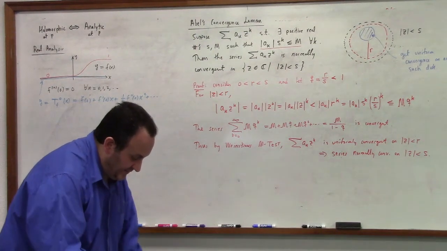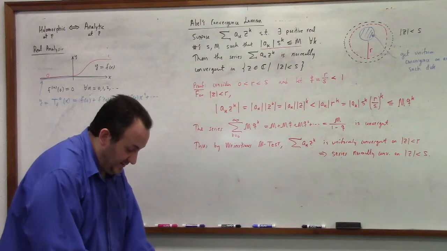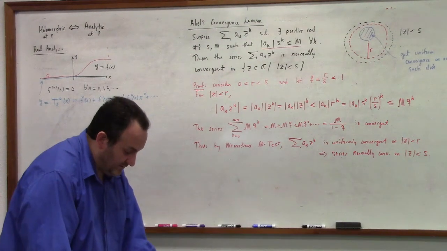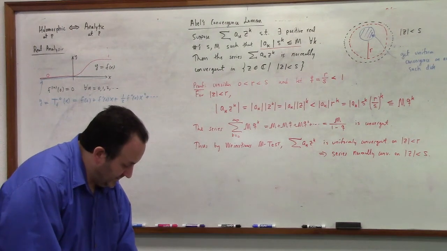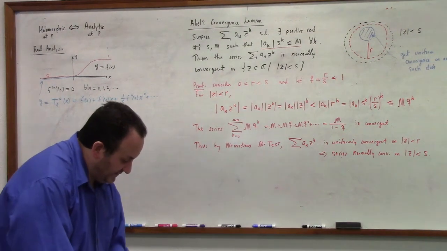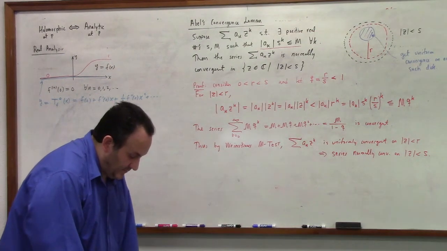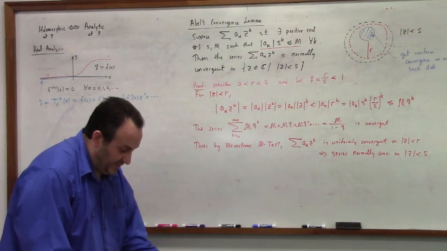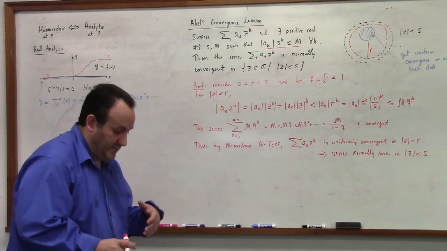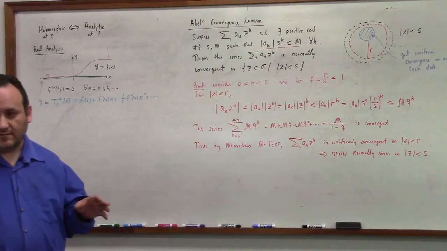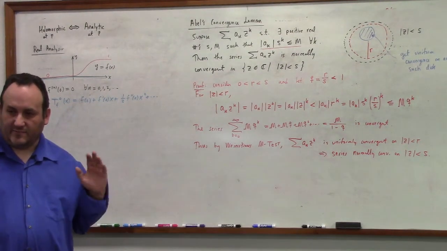So that was Abel's convergence lemma. And that straightforwardly leads to, that was used to prove the radius of convergence. If you look at theorem 5.3.6, which says if you have a power series, then it converges normally on a disk of radius r, where r is either equal to 0, something finite, or infinity.